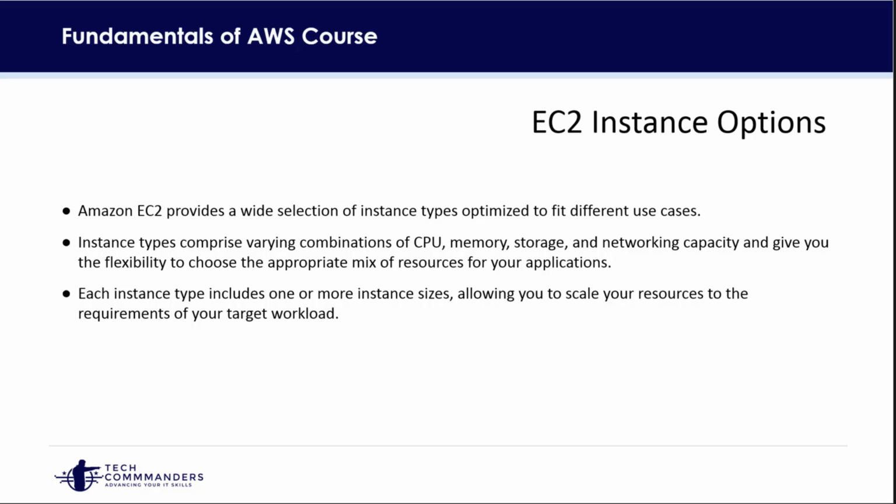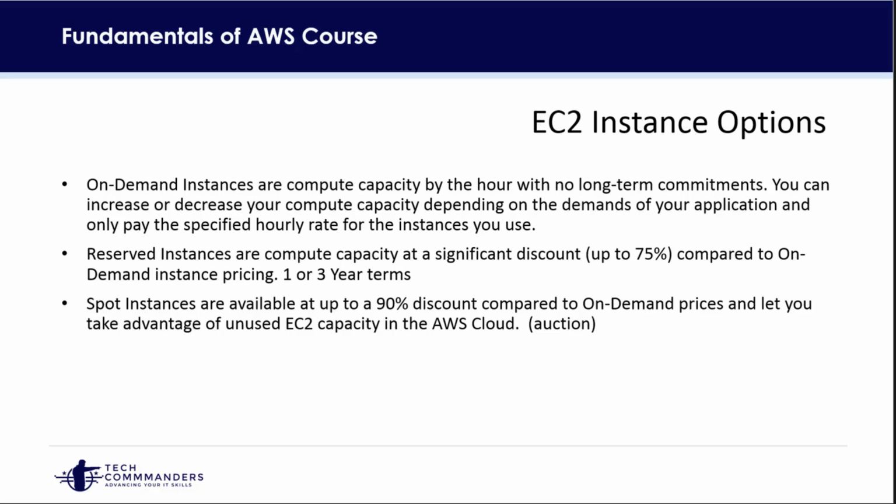So for example, the instance type is going to, of course, define the CPU, the memory, the storage, etc., and any kind of applications we want to install on it. We also can choose the size, like how much memory and the CPUs that are supported as well. There's a lot of things to consider.